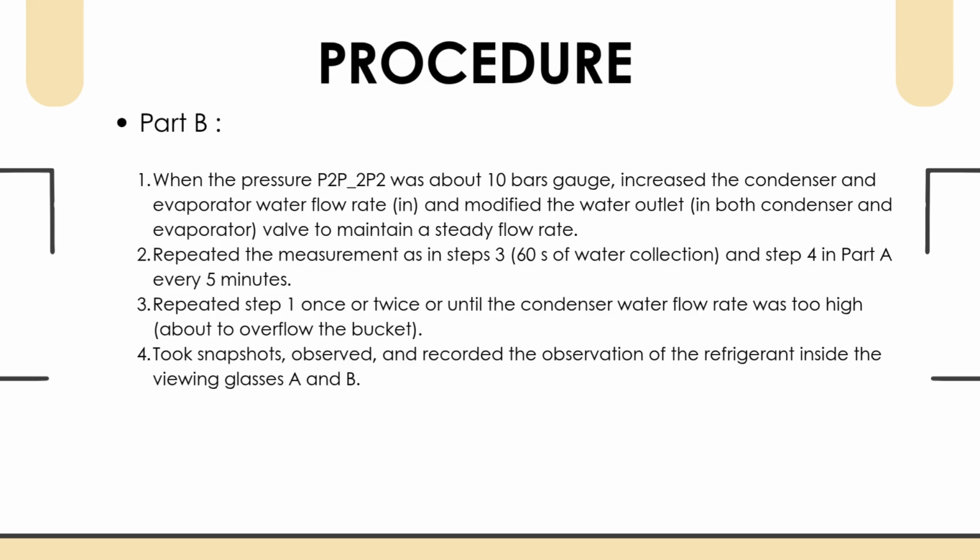Third, repeat step 1 once or twice, or until the condenser water flow rate was too high and about to overflow. And lastly, take snapshots, observe and record the observations of the refrigerant inside viewing glass A and B.